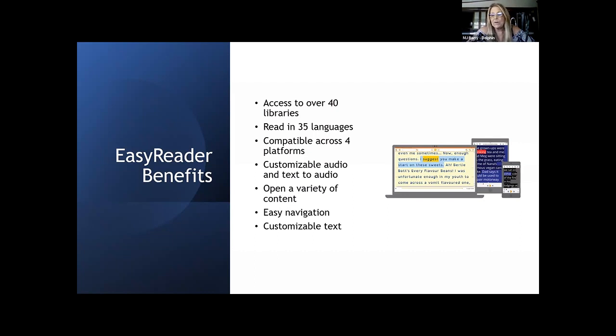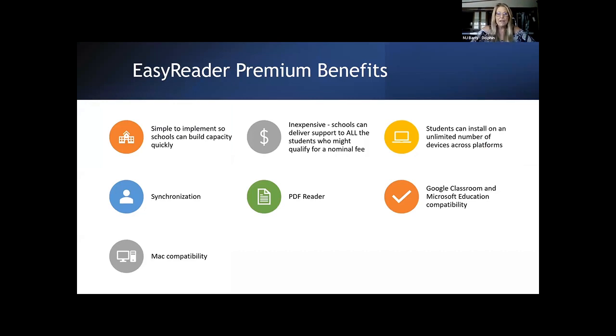The Mac is part of our premium offering, but we are compatible with Mac. You can open a variety of content ranging from these accessible books to Word documents to web text. I'll show you how to navigate in a minute, and students can customize the text so that the experience meets their individual needs. Now I'm going to escape out of there and head over to EasyReader.